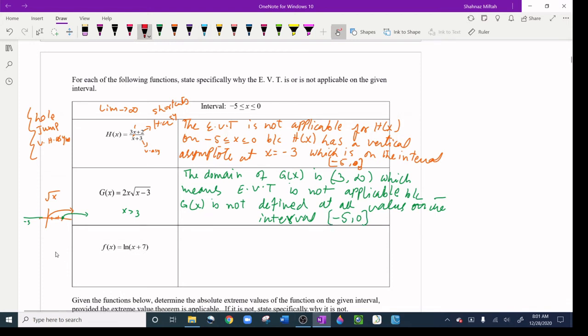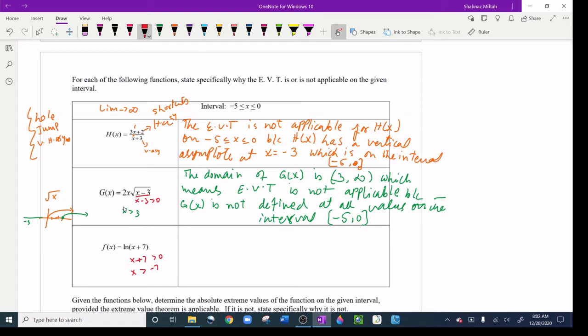Okay, let's try this one: ln of x plus 7. For the domain, if you're finding the domain, it always goes like this, like x minus 3 greater than 0. This one is going to be x plus 7 greater than 0, so x is greater than -7. An ln x graph, when you see it, is something like that.